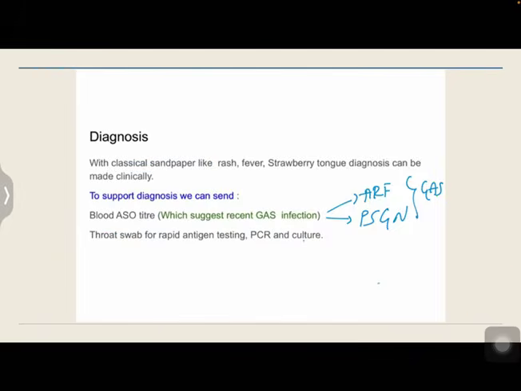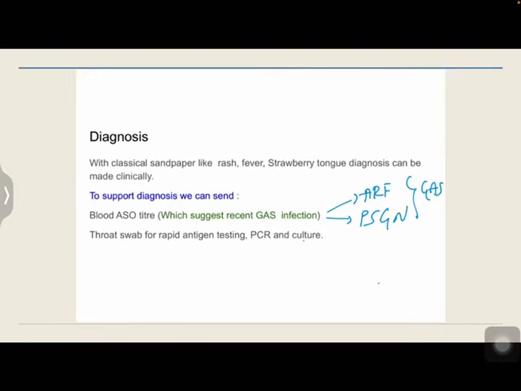Diagnosis: with classical sandpaper like rash, fever, strawberry tongue, diagnosis can be made clinically. To support diagnosis, we can send blood ASO titer, which suggests recent group A streptococcal infection. Where else will we send an ASO titer? In acute rheumatic fever and post-streptococcal glomerulonephritis, as these are also caused by group A streptococcus.